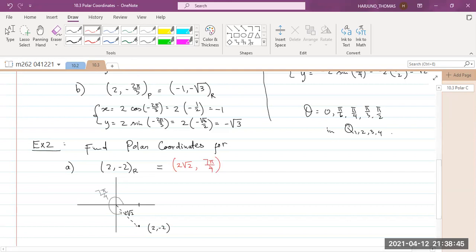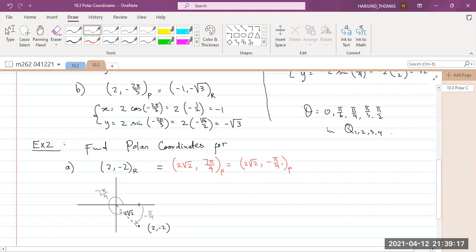The one we don't like is that we may go the angle in the clockwise direction. This is negative pi over 4. So the ambiguity is that for the same coordinate 2, comma, negative 2, you have more than one way to represent that in the polar coordinate system. 2 radical 2, negative pi over 4 will give you exactly the same position.